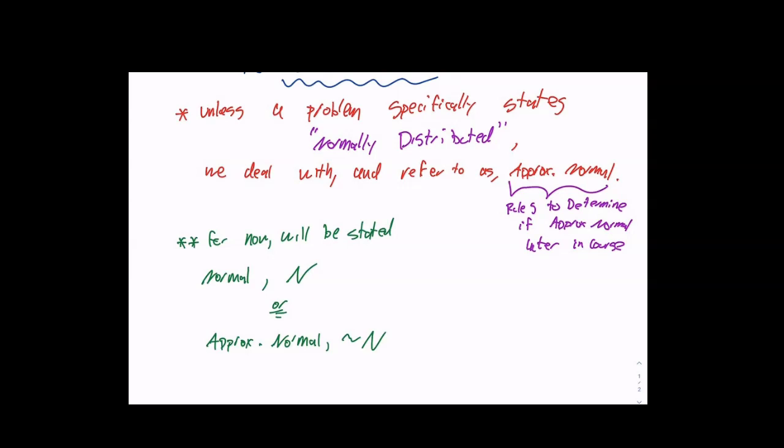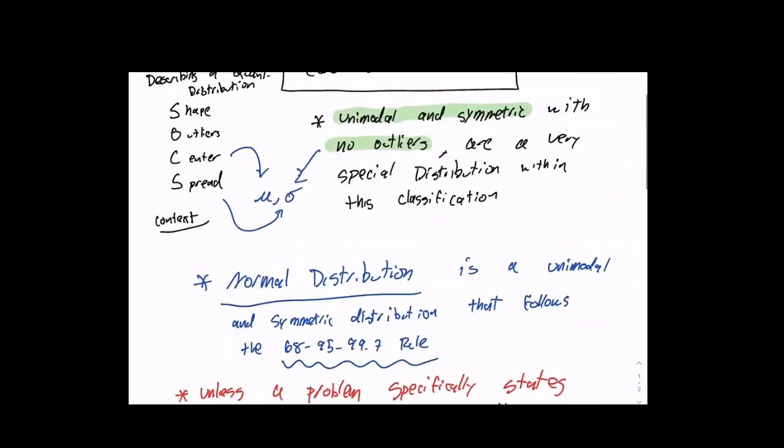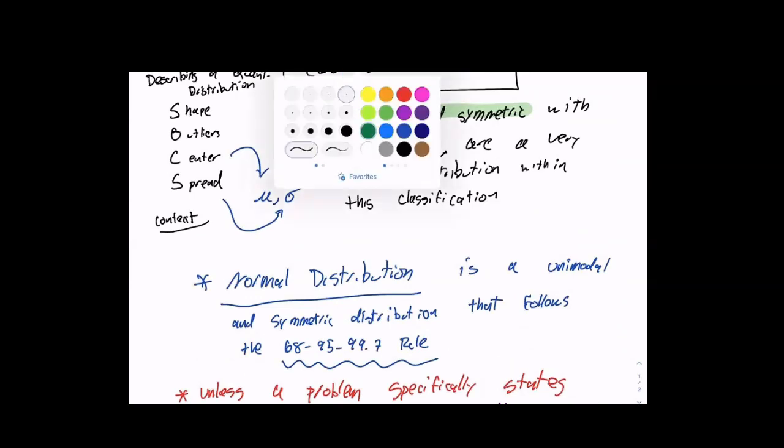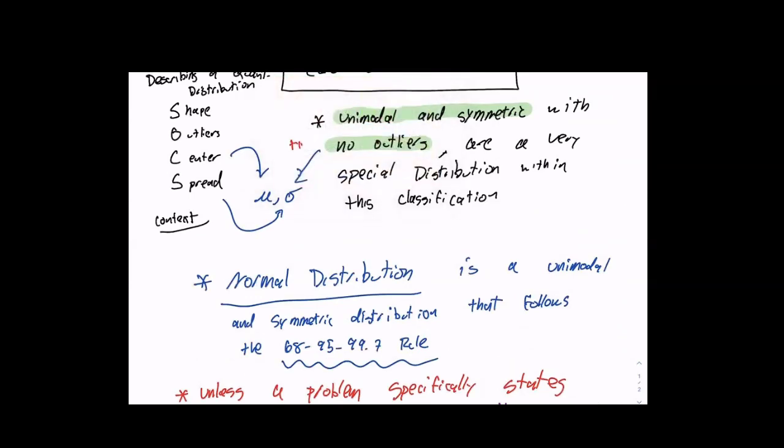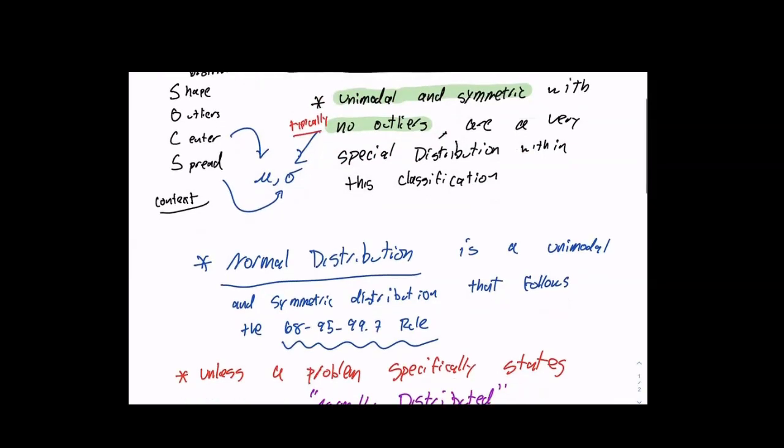I didn't state the idea of no outliers. Typically no outliers, sorry. I don't want to say there are no outliers, because technically there could be some, but because you have so much data, there's really not going to be outliers.